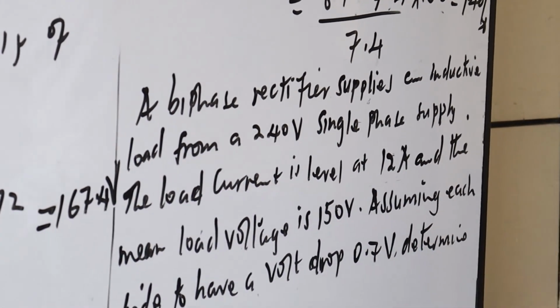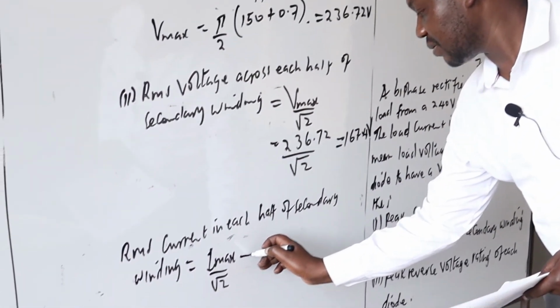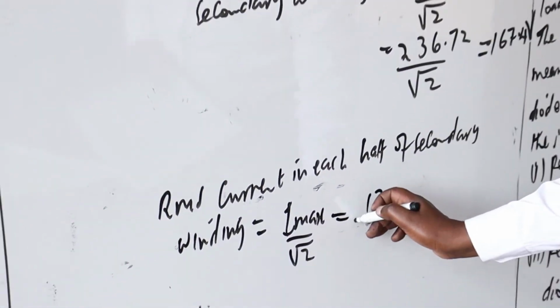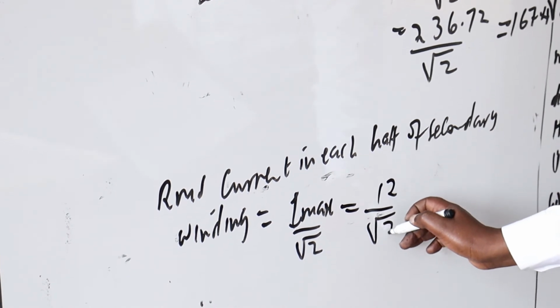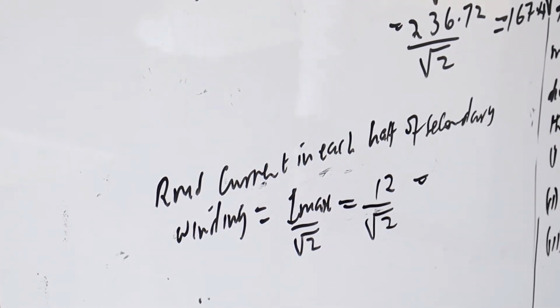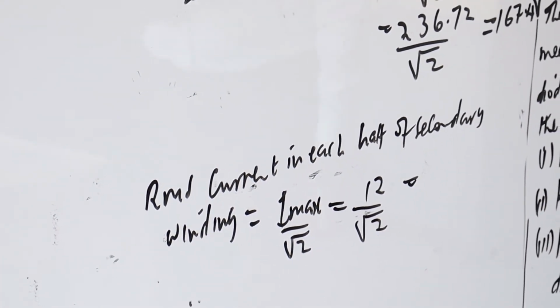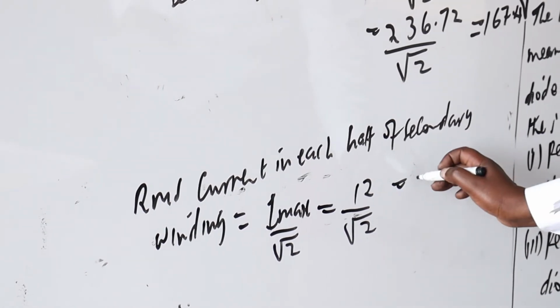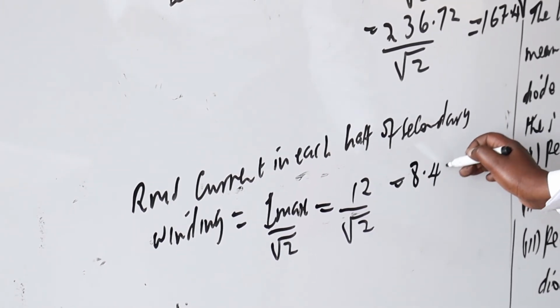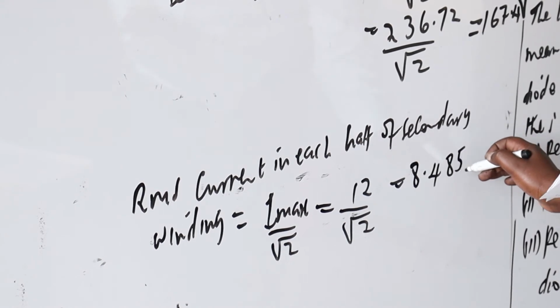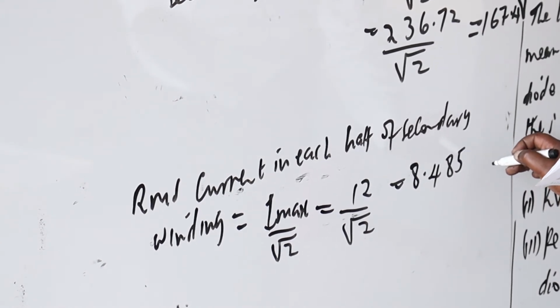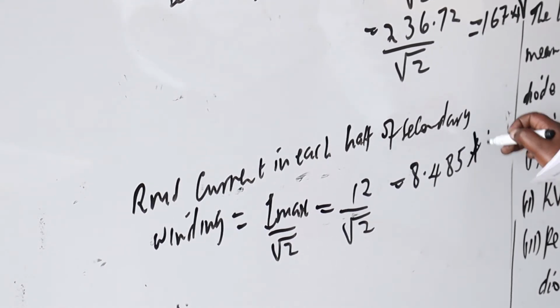So that is our Imax. So this will be 12 divided by root 2, which gives 8.485. No, this is current, which is amperes.